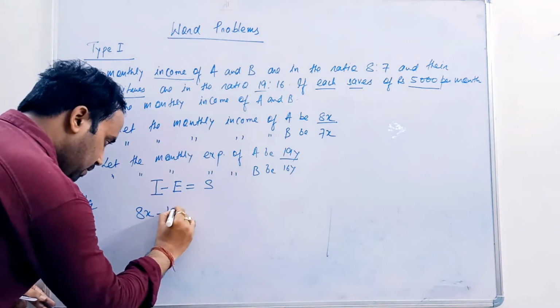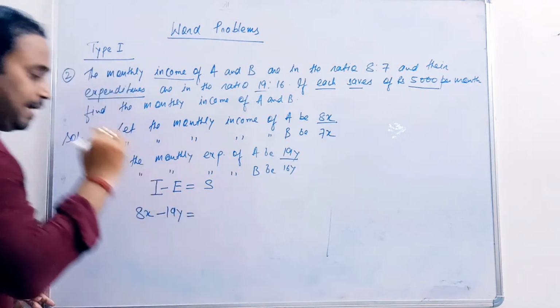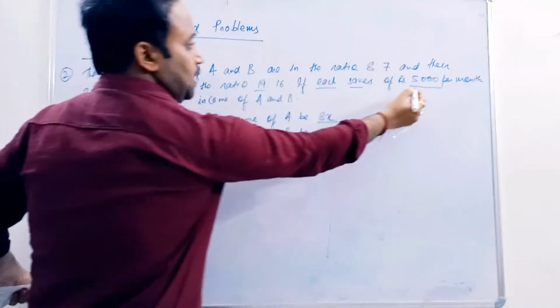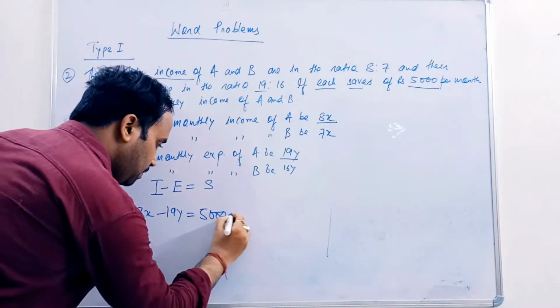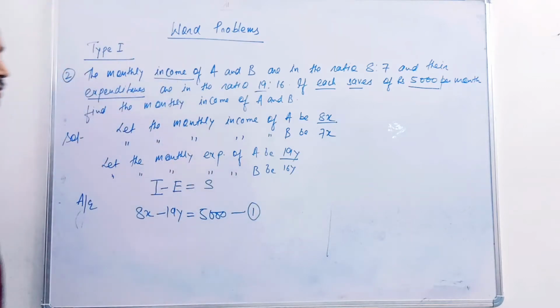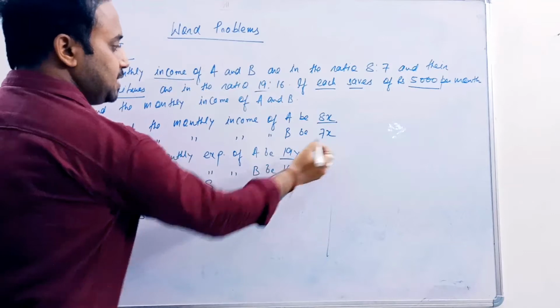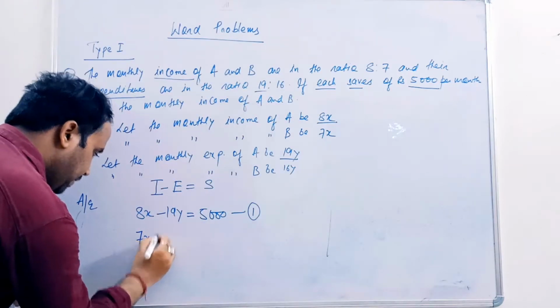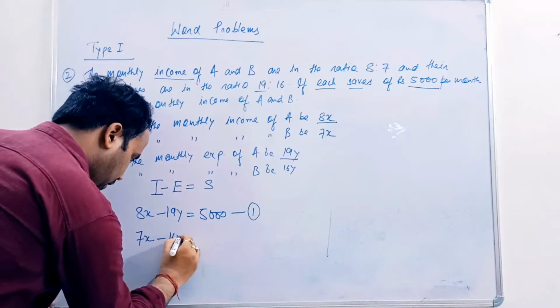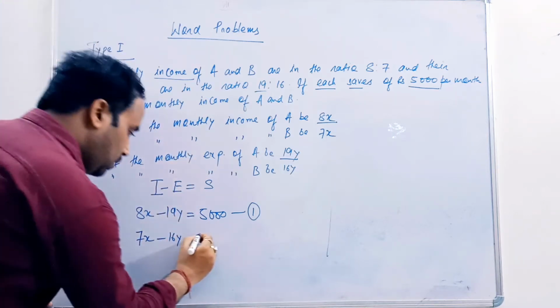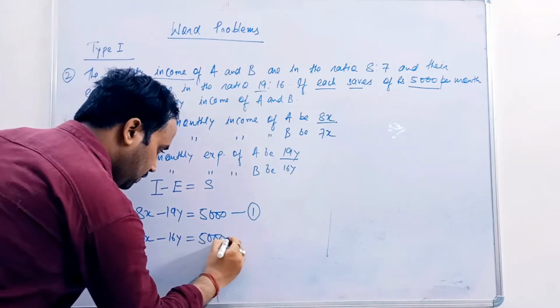And each saves 5,000 per month. Right here, this is our equation first. Now same as B: B's income is 7x, B's expenditure is 16y. They save 5,000 rupees.